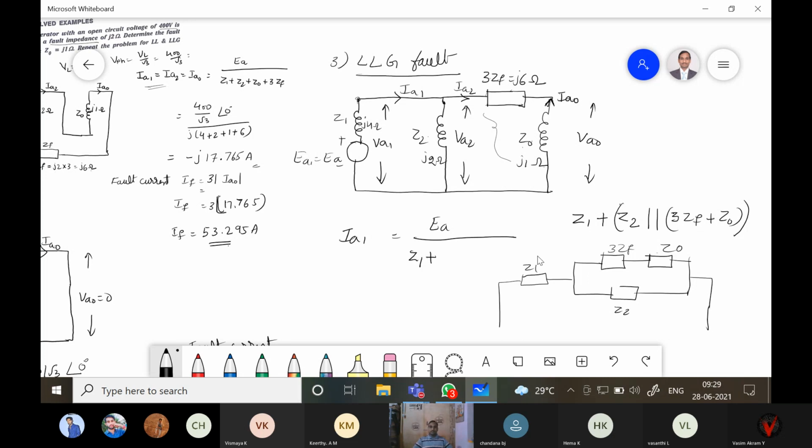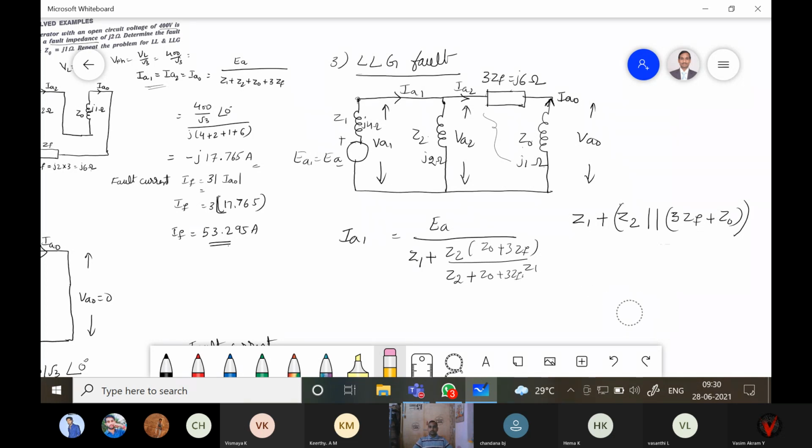Therefore we can write EA divided by Z1 plus the parallel combination, Z2 into (Z0 plus 3ZF) divided by Z2 plus the total combination Z0 plus 3ZF. Now substitute the values.